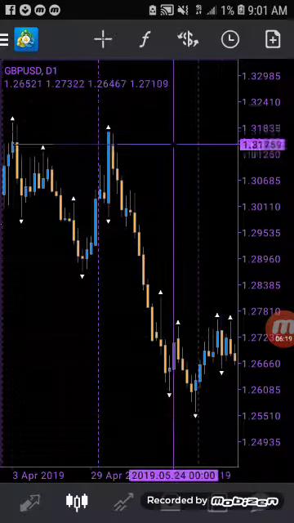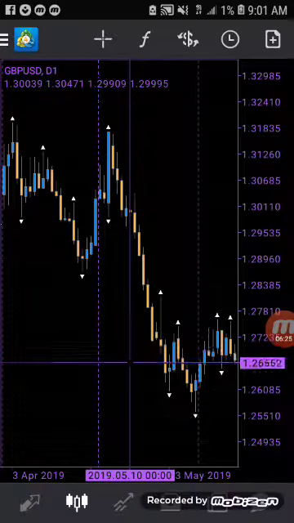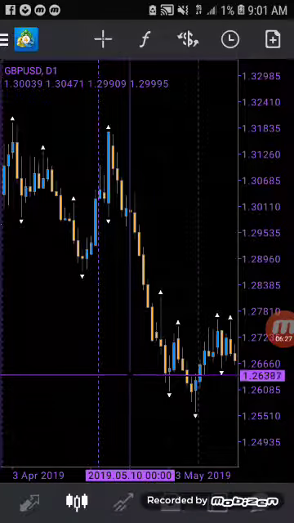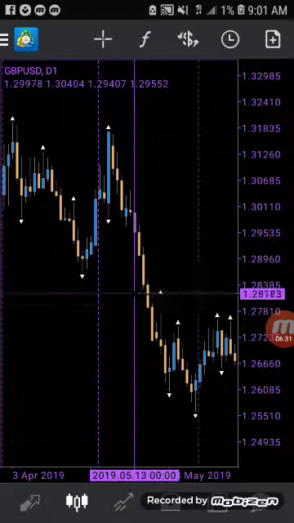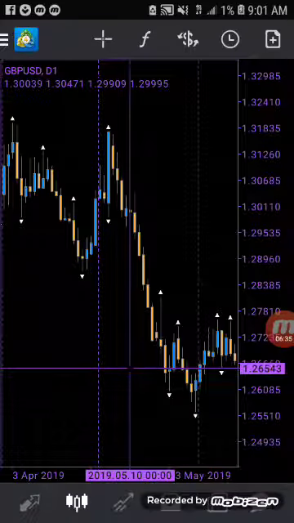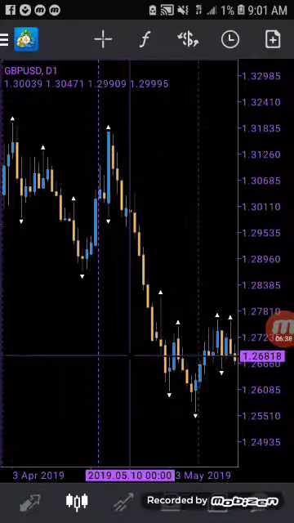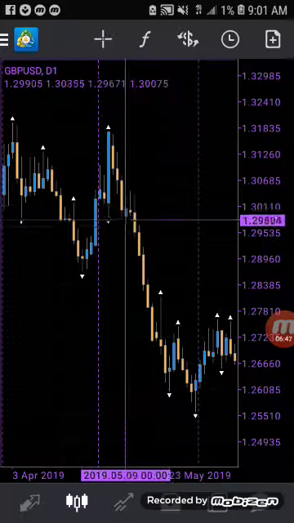You know, this is the daily chart. If you was to catch this, this is 997. That's about 300 to 400 pips. 997 to 667. Yeah, almost 300.